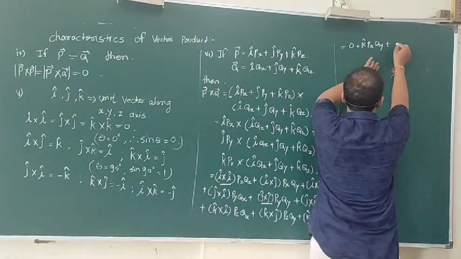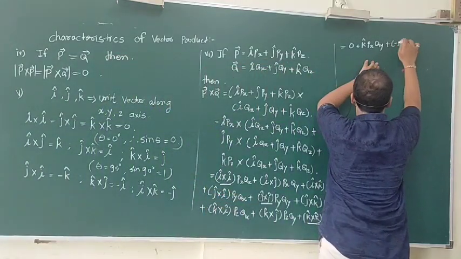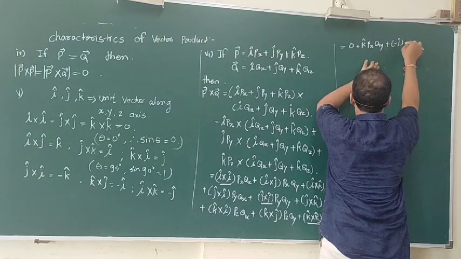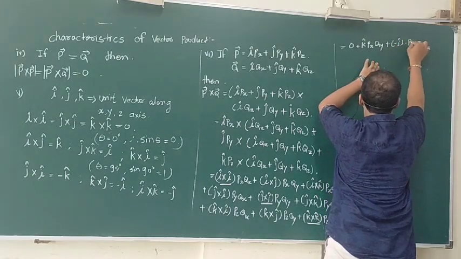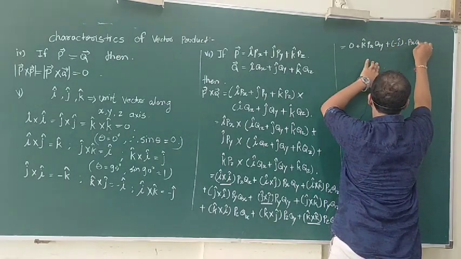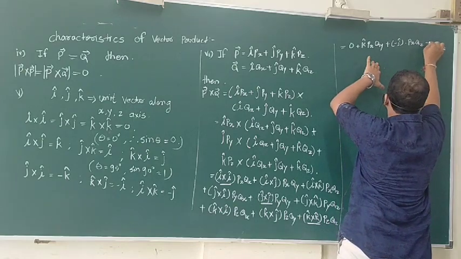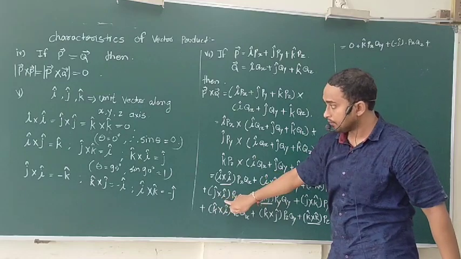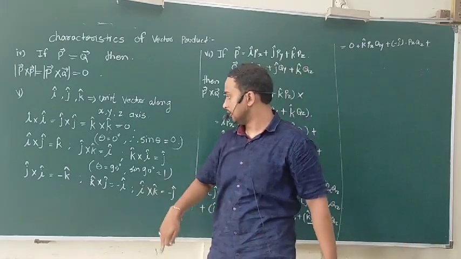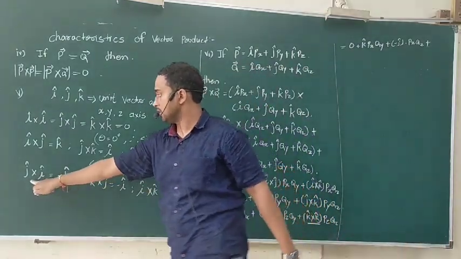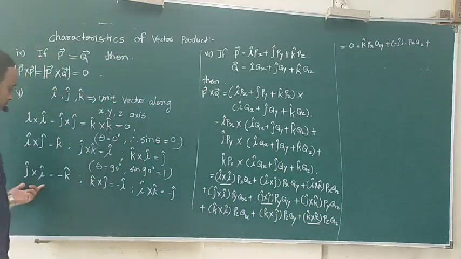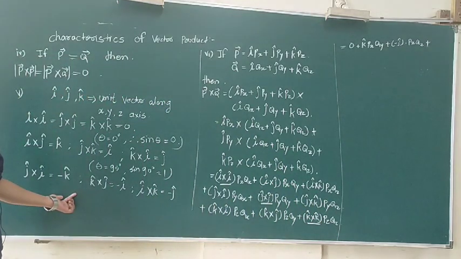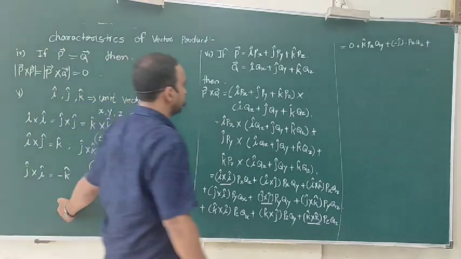That means we can write minus j cap into px qz, plus similarly j cap cross i cap is equal to minus k cap.